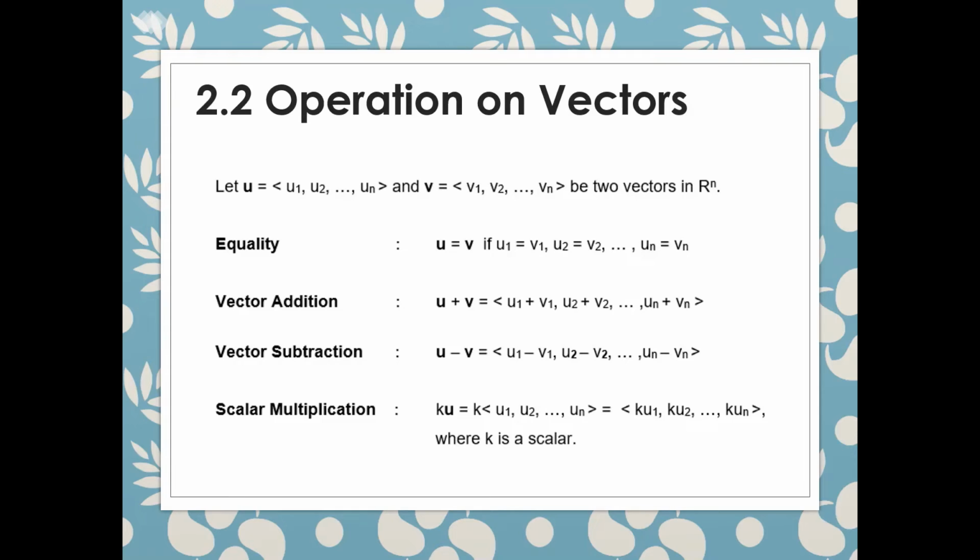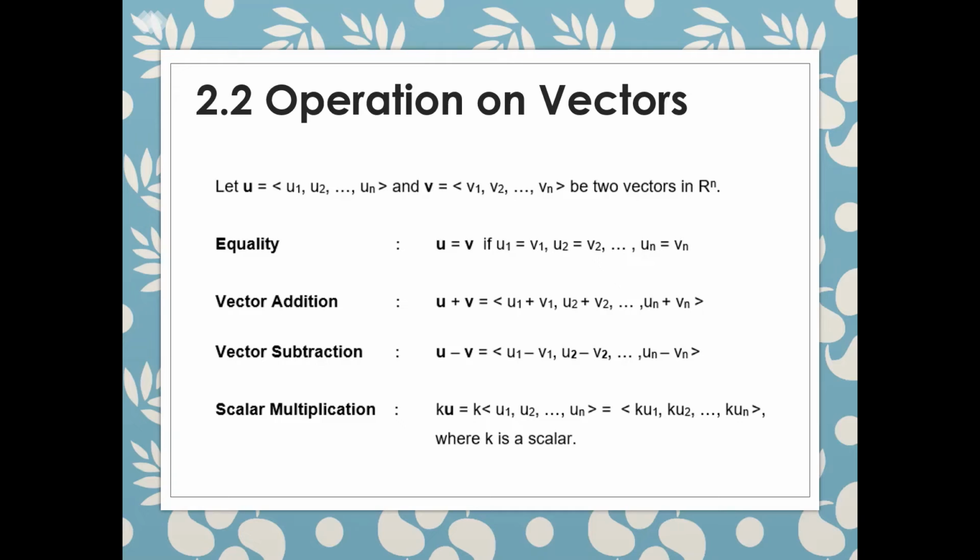To add or subtract two vectors, you need to add or subtract the corresponding elements or components, that is, U plus or minus V equals U1 plus or minus V1, U2 plus or minus V2, U3 plus or minus V3, and so on. Scalar multiplication refers to multiplying a scalar and a vector.